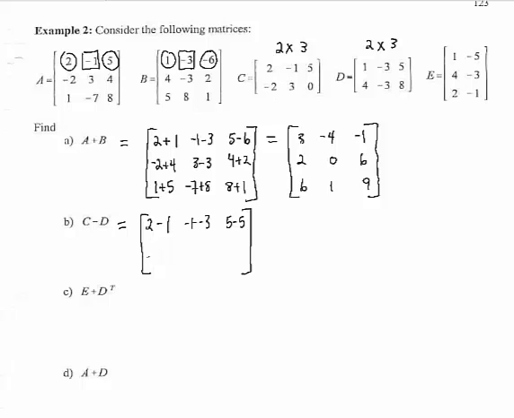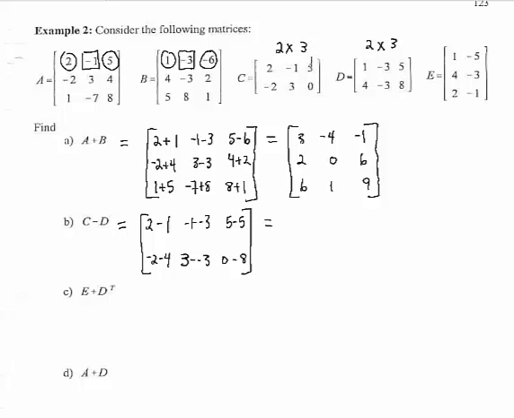Then we have negative 2 from C, minus 4 from D, 3 minus a minus 3. Okay, remember we have to subtract the element in D, so the last one, 0, the bottom right, and then minus 8, the bottom right of D.